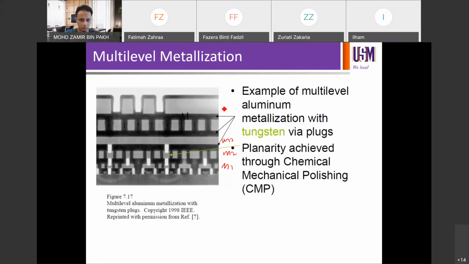Perhaps this one is another metal layer, and maybe this one is another metal layer as well, but you don't see the interconnection in this particular picture. Maybe it's slightly outside. I don't see the plugs connecting the metal layers. I believe it could be outside the captured figure, right?